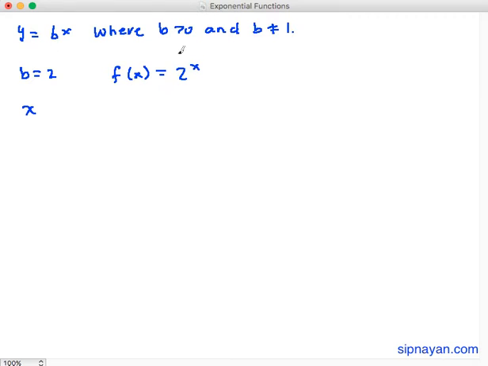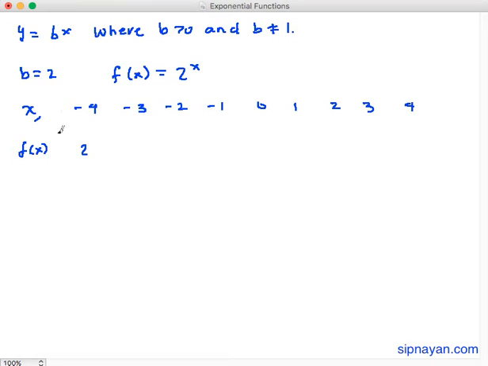Titignan natin yung graph nitong function na to. So, x tsaka f of x. Start tayo sa negative 4, negative 3, negative 2, negative 1, 0, 1, 2, 3, and 4. Yung f of x natin, or y, is 2 raised to the x.